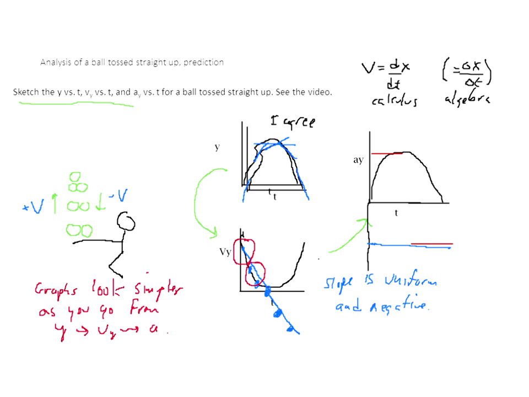Since this is based on a ball being tossed, this is going to be a slope of -10 meters per second. So for every second we move over, we're dropping down by 10 meters per second. Even across here, for every second we move over, we're dropping down by 10 meters per second.